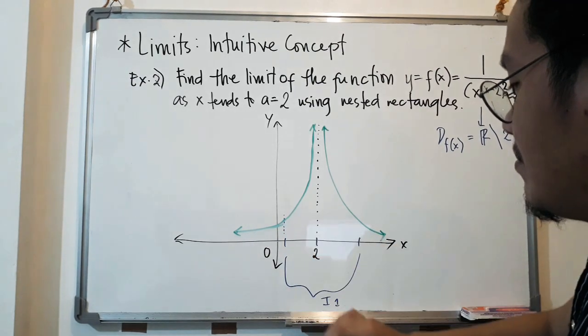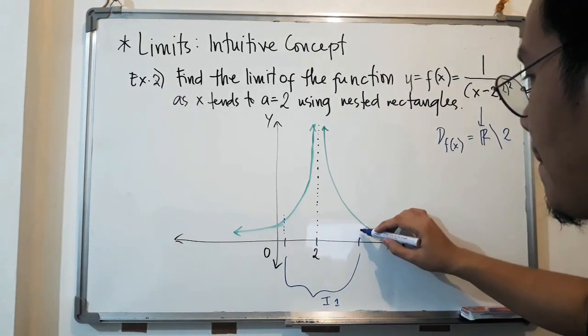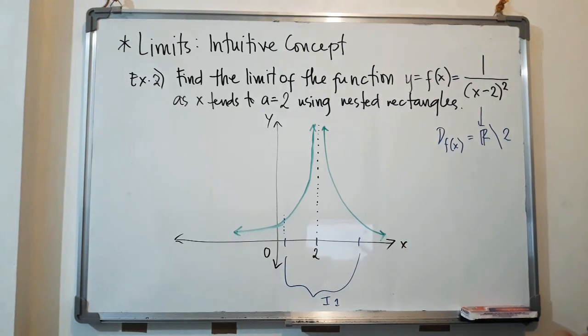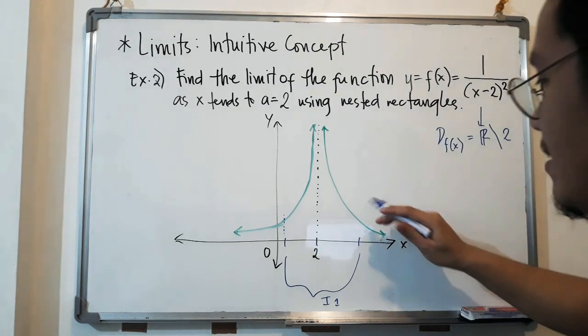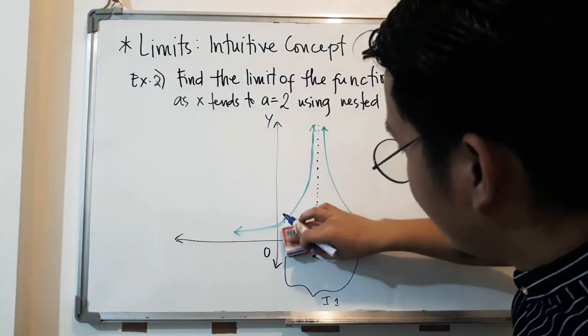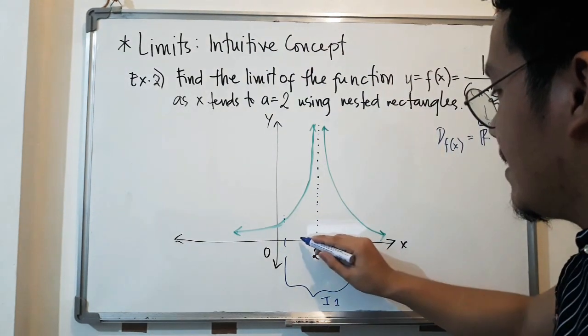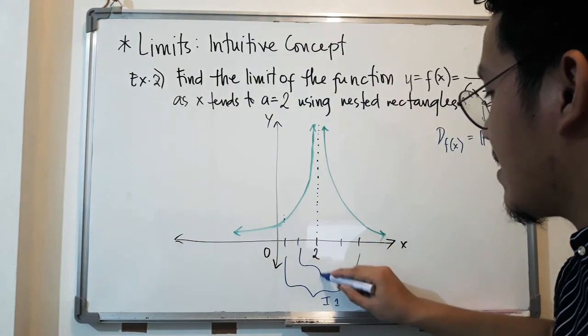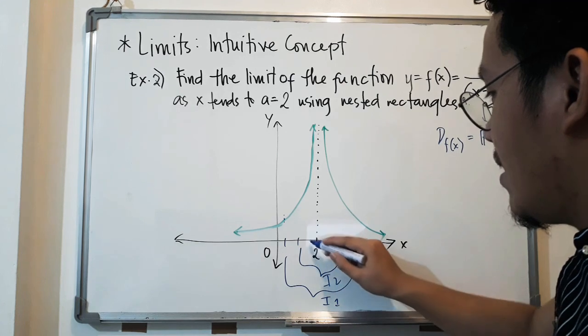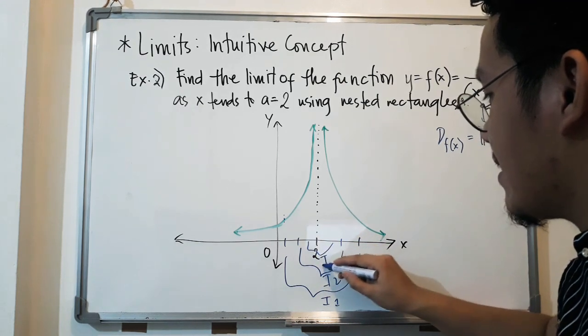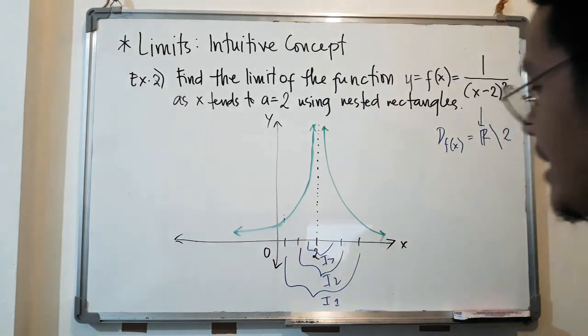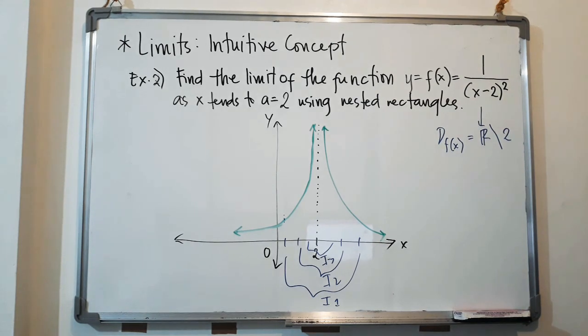So, tama. Say, take this as our I sub 2. Say, this is I sub 3 up to infinity. Ano? Now, what happened to our rectangles?